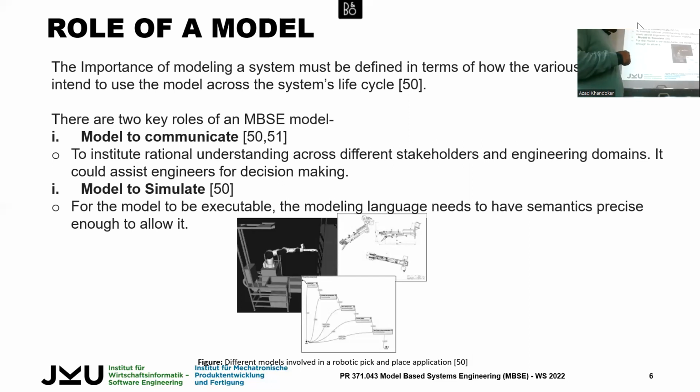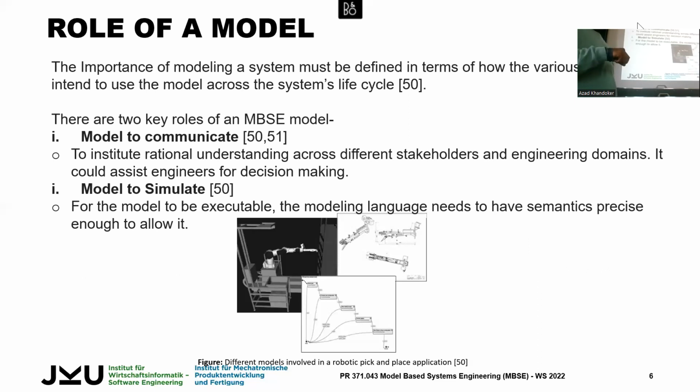And here you see, this picture is actually taken from a book published in 2019. This is a robotic arm, and this is a CAD model and this is a SysML model.